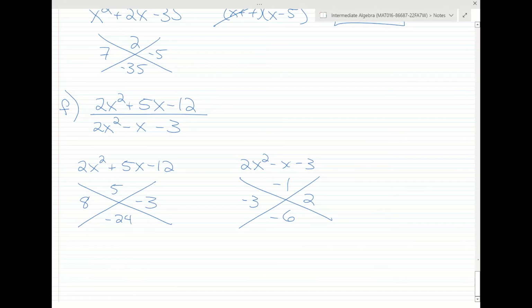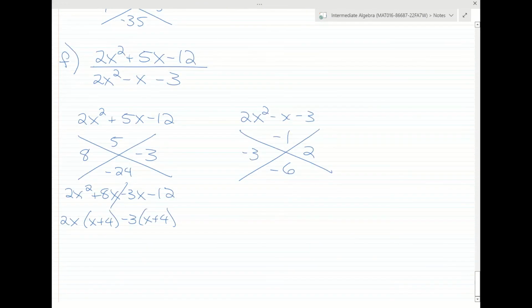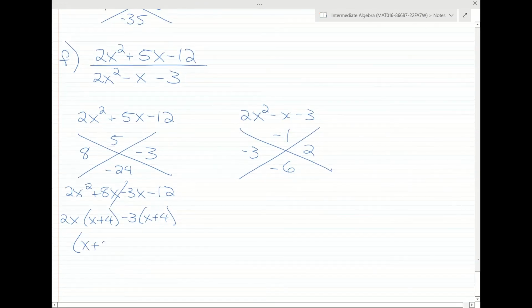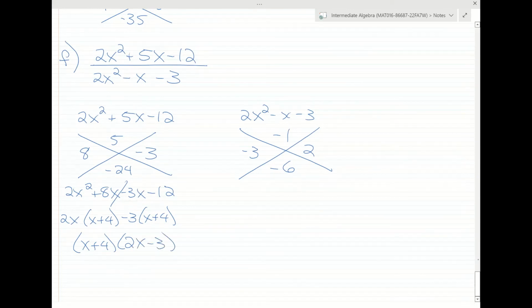We spent a lot of time talking about factoring trinomials. Let's go ahead and factor these and then see what happens. All right, this is going to be the numerator.